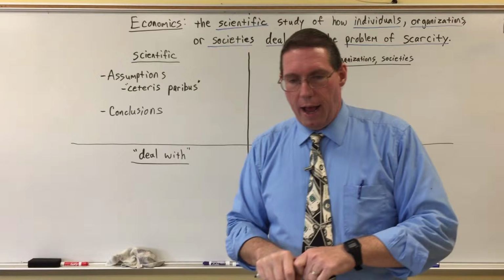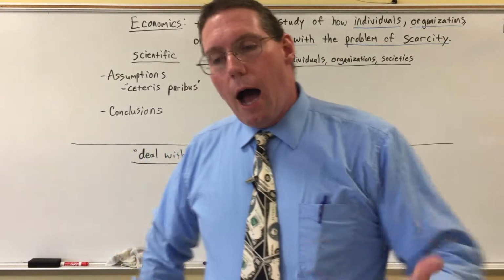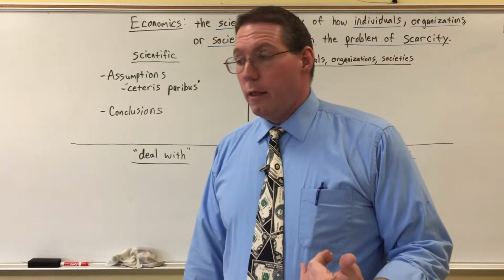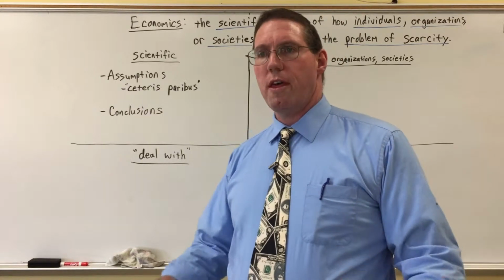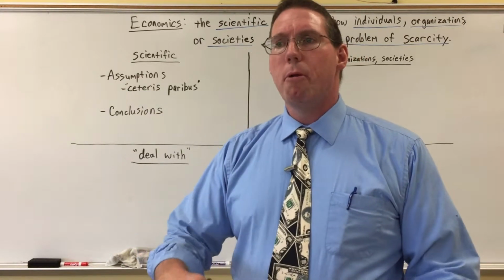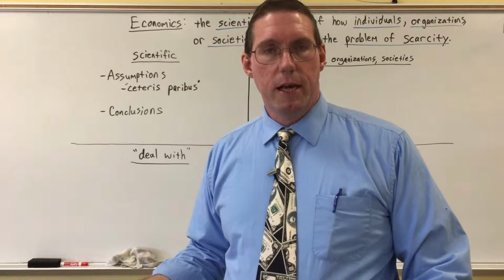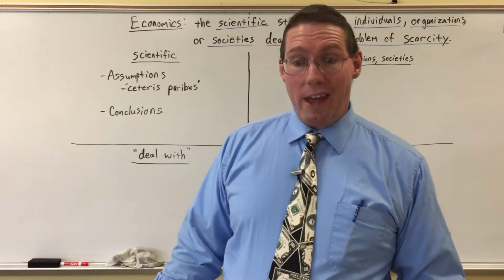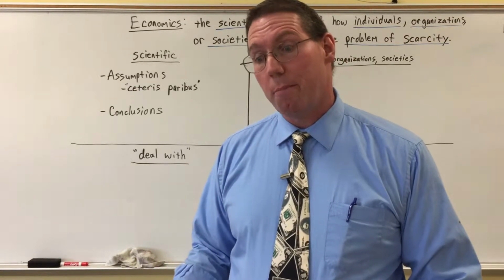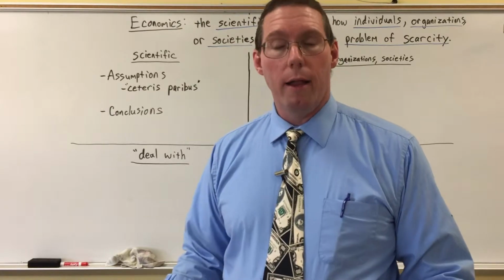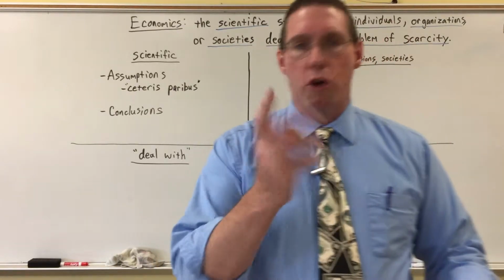Because here's what's going to happen in this class: I'm going to say something like, hey, you know, when things are cheaper, people buy more of it. And then you're going to say, well, not always. Sometimes when things are cheaper, people don't want them at all. And I'm going to say, you know what? You're right.